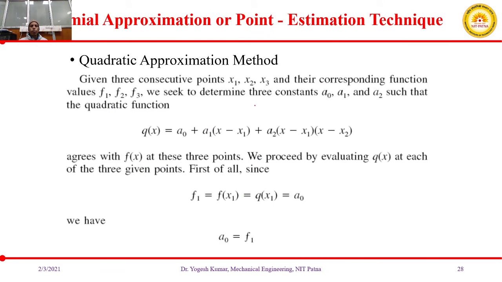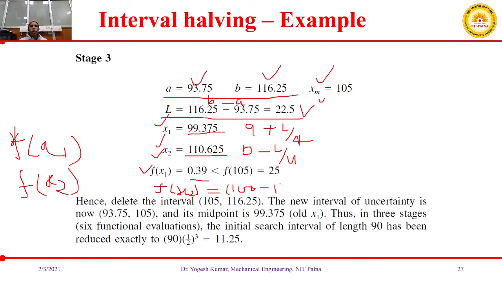So this will be now 100 minus 10.625 whole square. Okay, so if you approximate this value, this will be around something 100 plus. Okay, I am not calculating the exact value. So this will obviously be 100 plus.